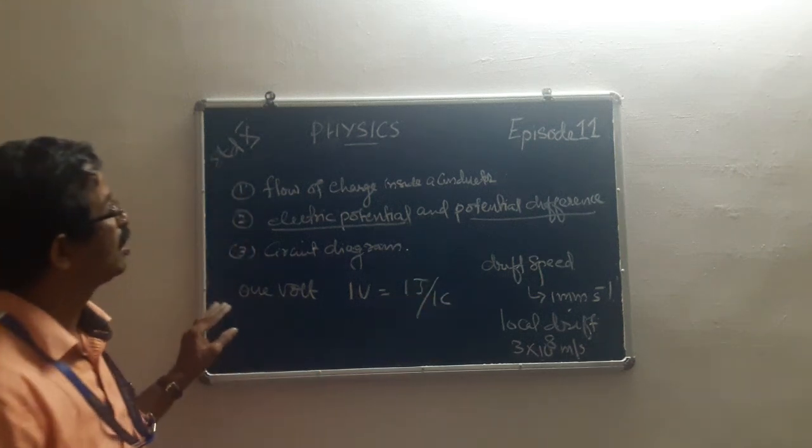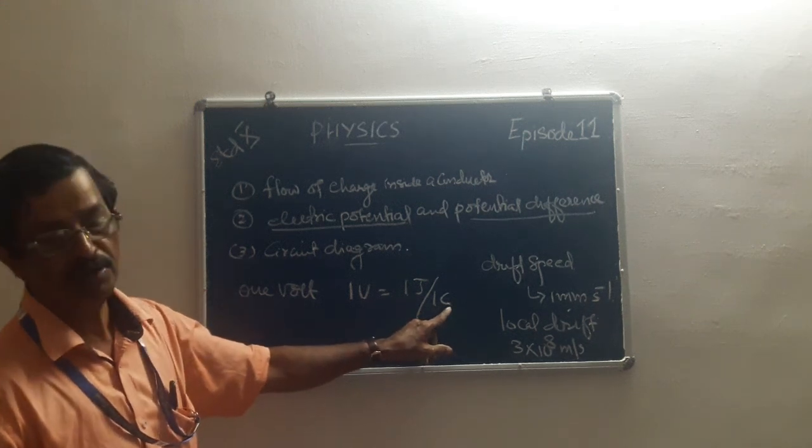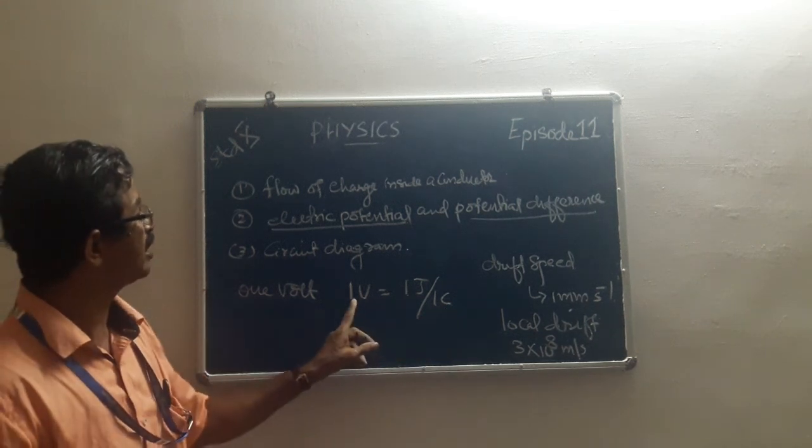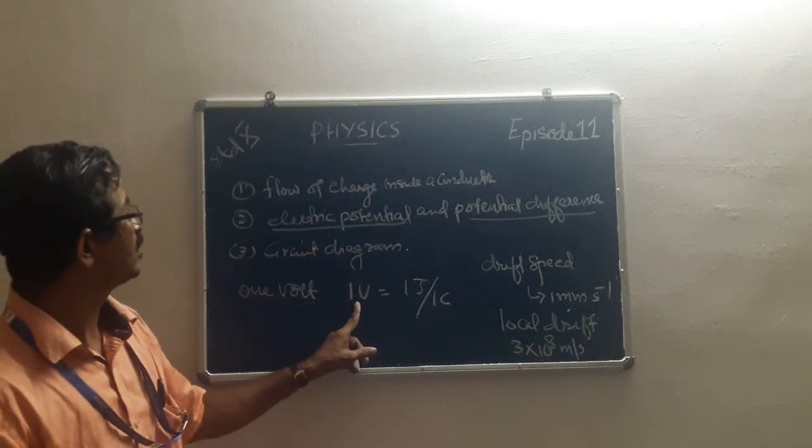This means 1 joule of work is done to move a charge of 1 coulomb from one point to another. Then the potential difference between those two points is 1 volt.